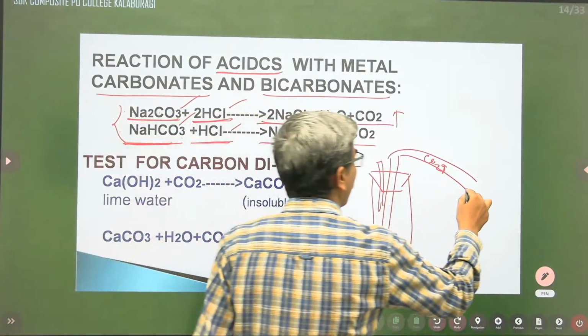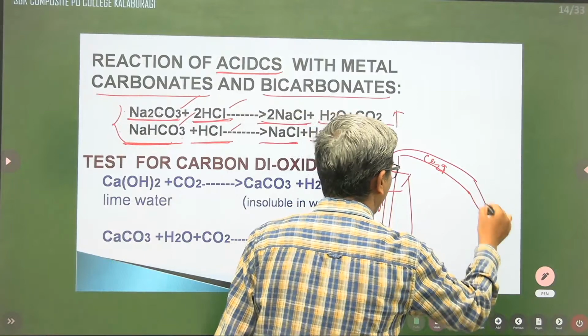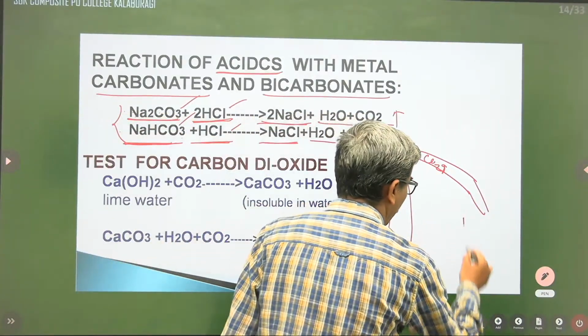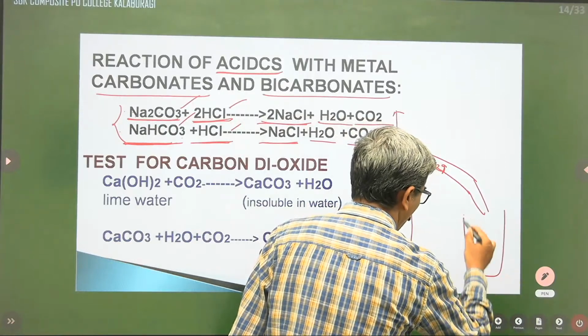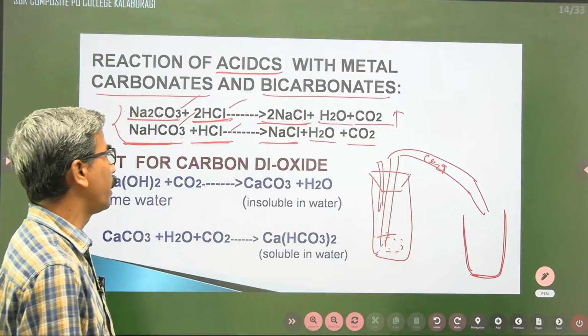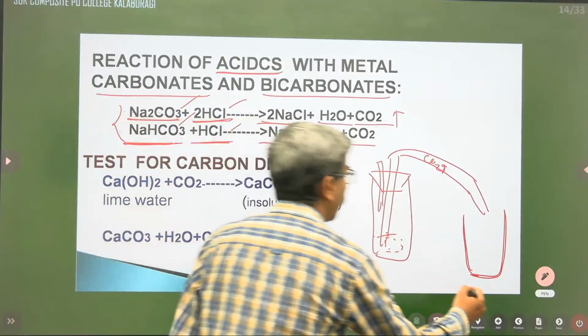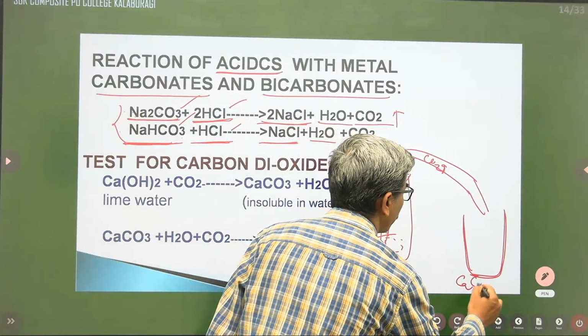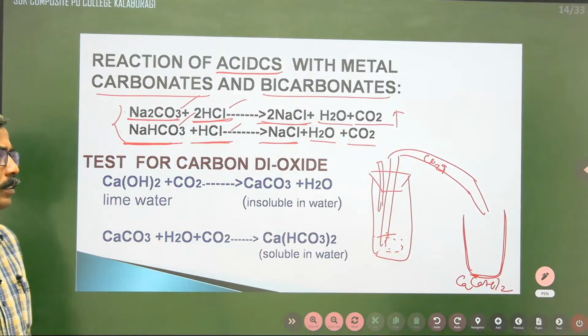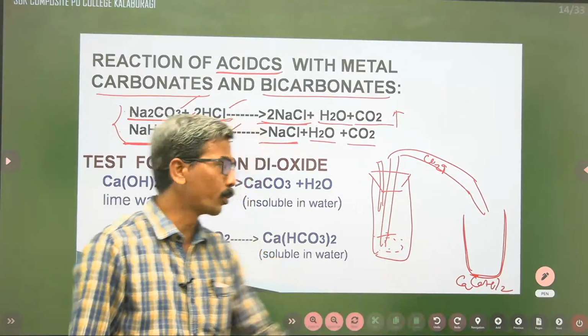Now at the other end, the receiving end, you take another test tube which contains calcium hydroxide. We call it lime water, which is a clear solution.